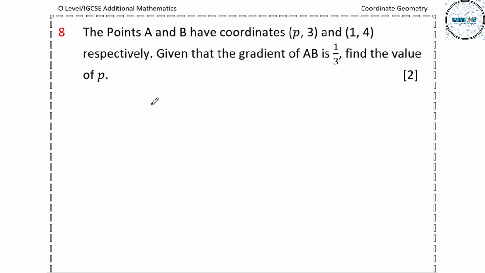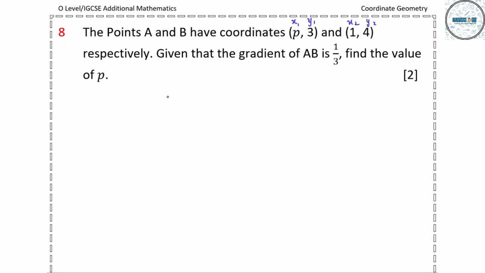Given that the gradient of AB is 1 upon 3, find the value of P. Here, gradient of AB is already given and the coordinates of AB are given, which are P, 3 and 1, 4. So we will consider this as x1, y1, x2, y2.